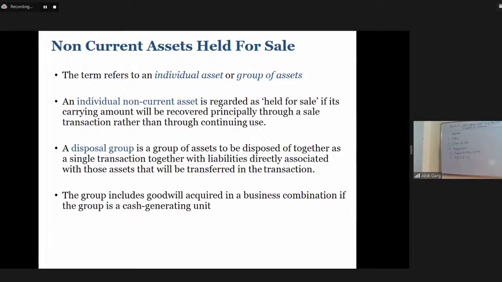Yes, we have discussed the concept of cash generating unit in IND AS 36, impairment of assets. Okay. We discussed this concept while reading impairment of assets. Okay.